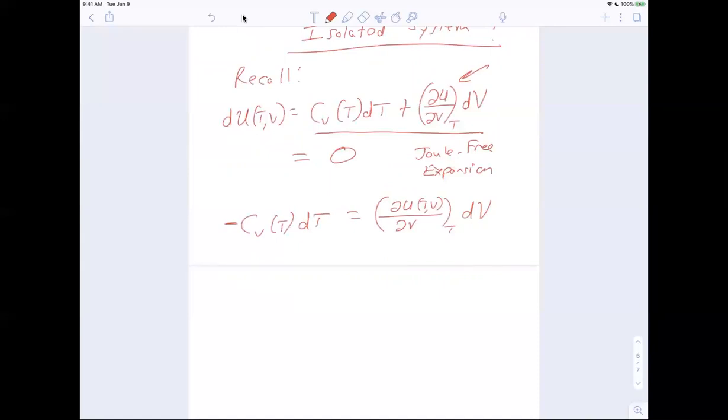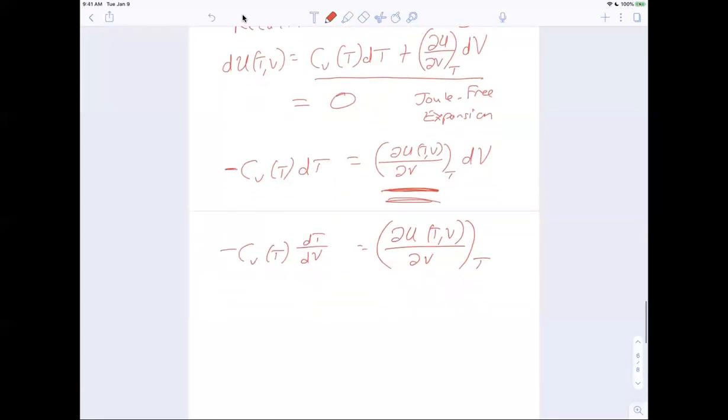Okay, and then we can isolate this term further by saying that minus CV of T dT over dV, I'm going to bring the dV over, is equal to partial of u with respect to V at constant T. Okay.